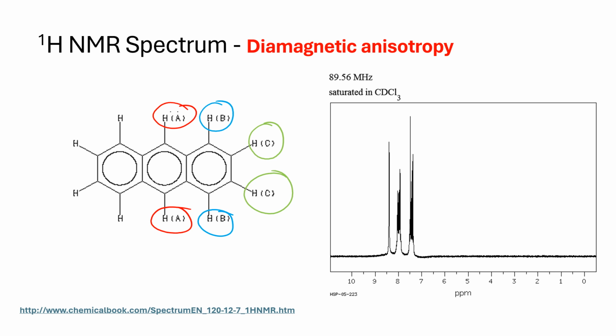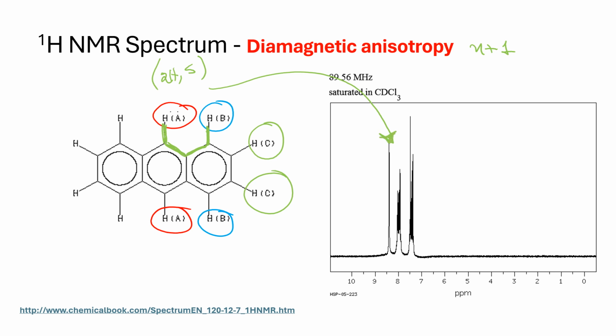Notice type A, if we count bonds, 1, 2, 3, 4 bonds, so they're not coupled to anything. So no neighbors, n plus 1 rule, that is a singlet. So H type A, this is 2 H's, and it is a singlet, of course in the aromatic region.